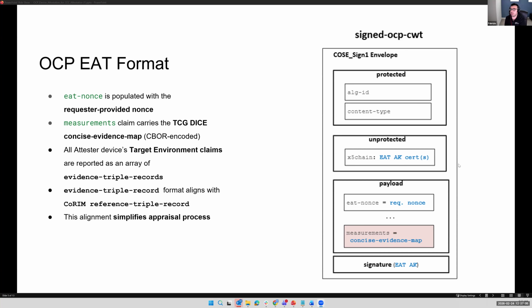All right, I see another question. Sorry, what you answered led me to another question. What I'm seeing here is the EAT attestation key certificates are all unprotected. And I am thinking about the case of a relay attack.